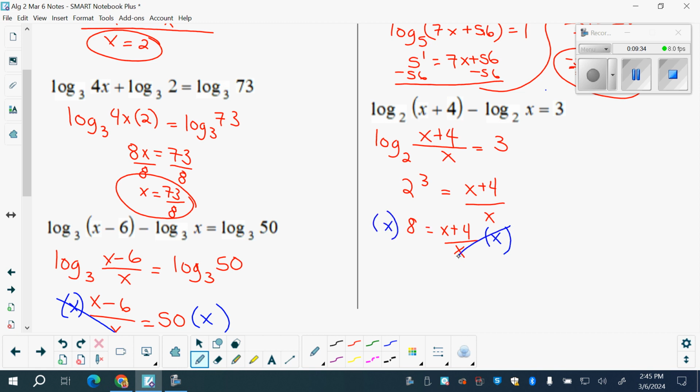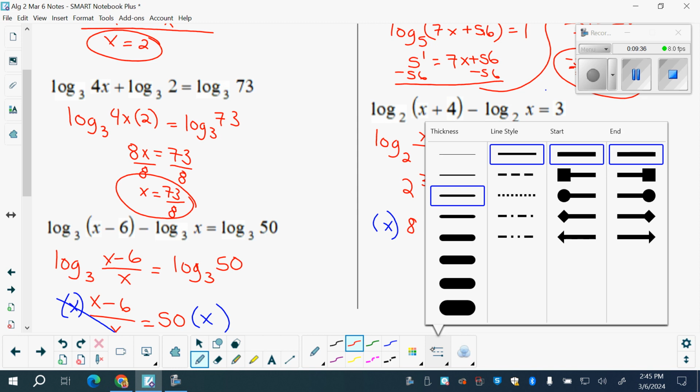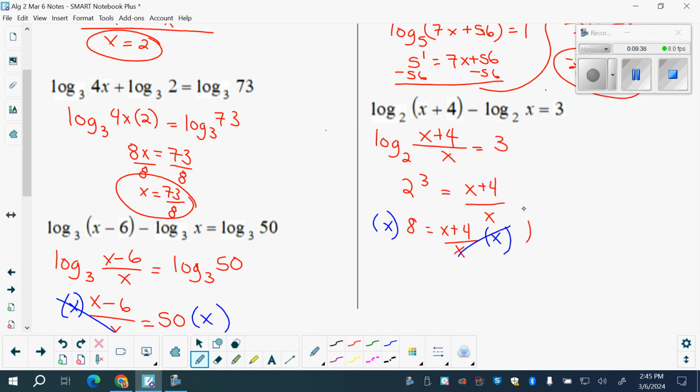And we get 8x equals x plus 4. And so our next step would be to subtract x. 7x is 4, almost done. Divide by 7. So x is 4/7.